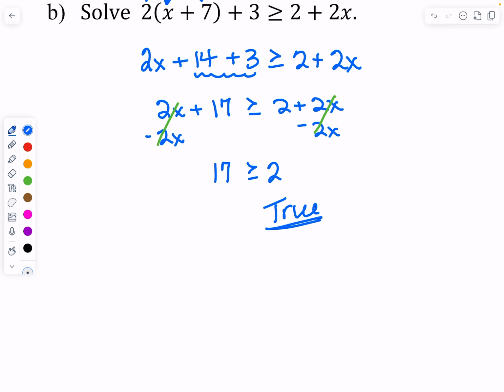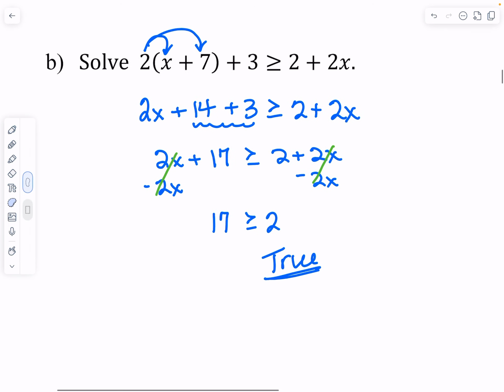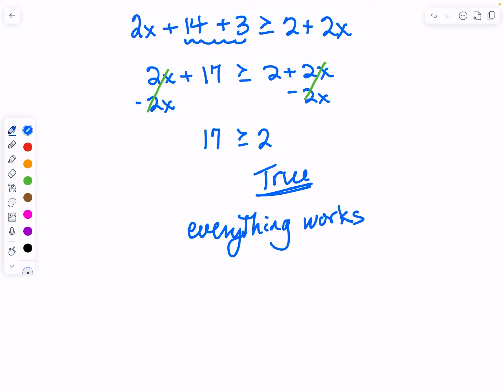So if it is true, that means it doesn't matter what you plug in to x in the beginning, because these guys are going to eventually cancel out. So you're always going to get a true statement no matter what. So basically, that means everything works. No matter what you put in there, it's going to cancel out.